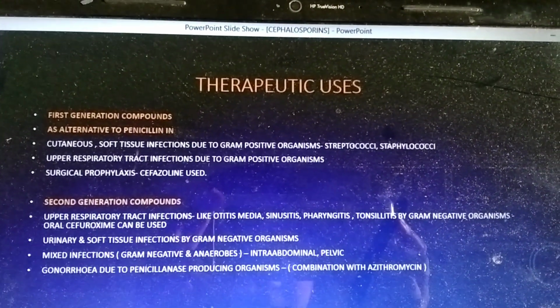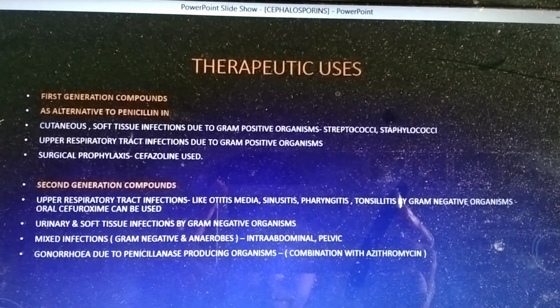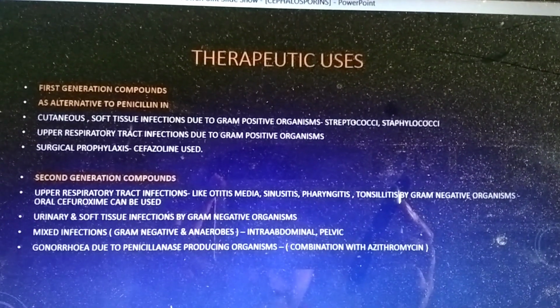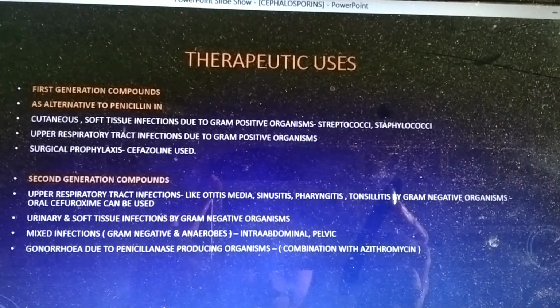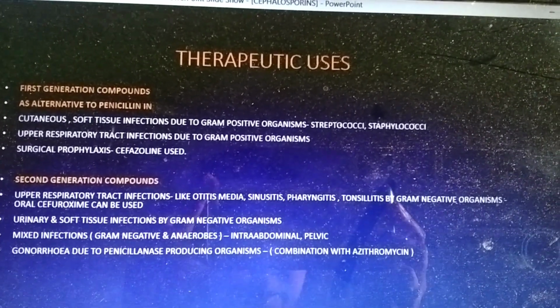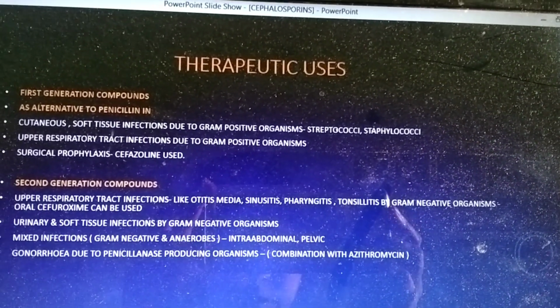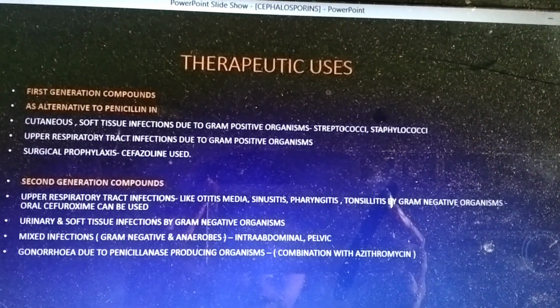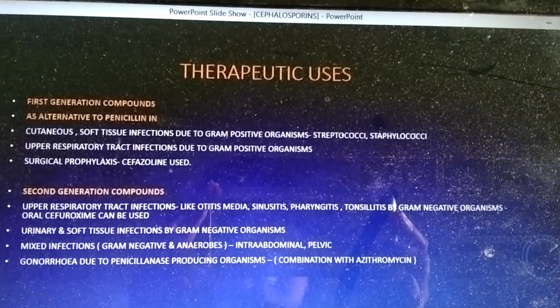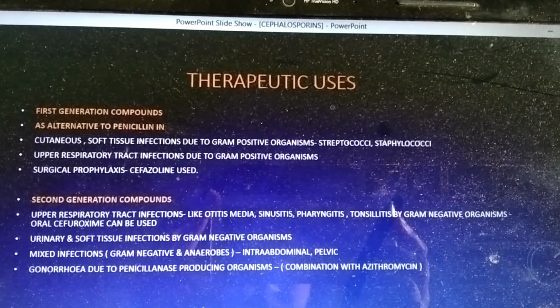Now coming to the second generation compounds, they are used in upper respiratory tract infections like otitis media, sinusitis, pharyngitis, tonsillitis caused by gram-negative organisms, where oral cefuroxime can be used. Then urinary and soft tissue infections caused by gram-negative organisms.